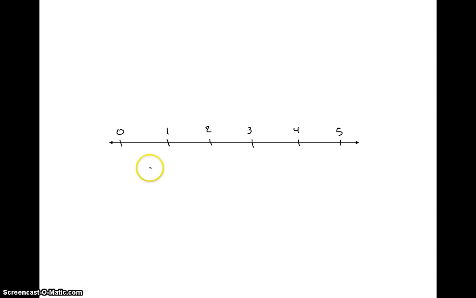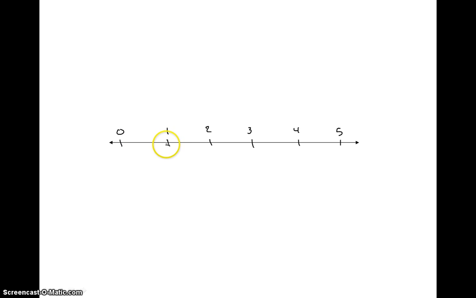So we agree that in order to have a number line, we have to start with a 0, and then we have to define, just like we talked about, what unit we're going to use. In this case, our length is from 0 to 1.